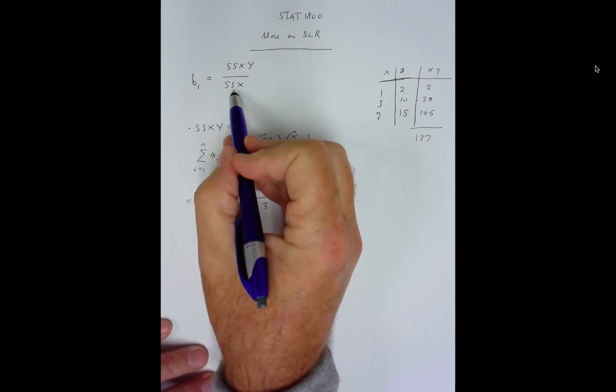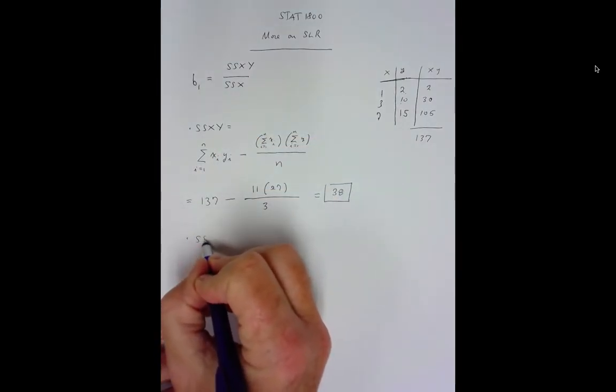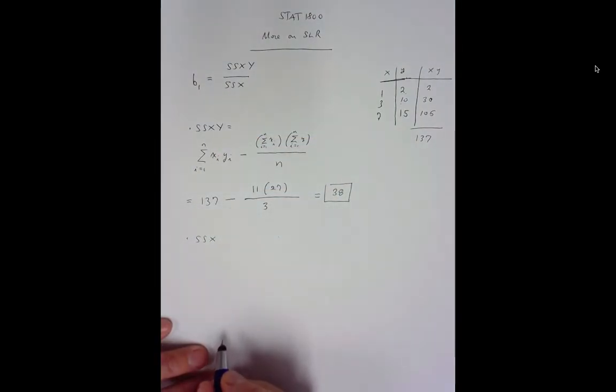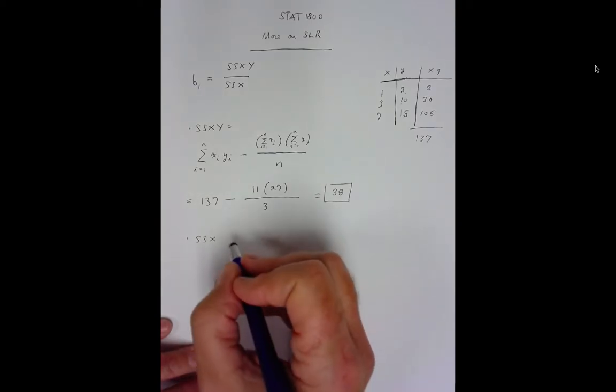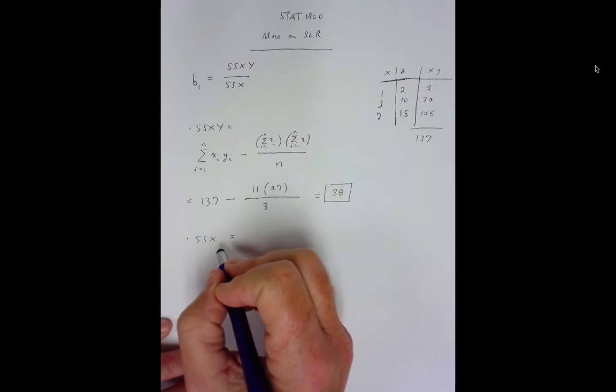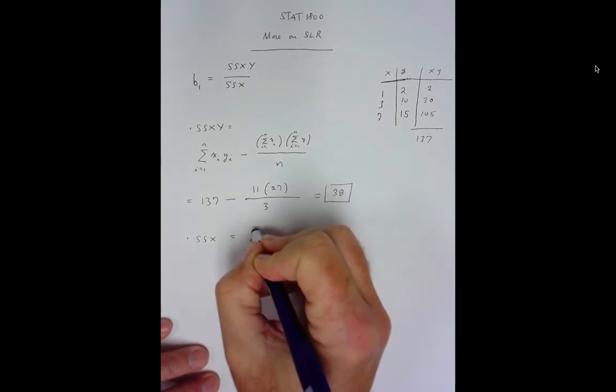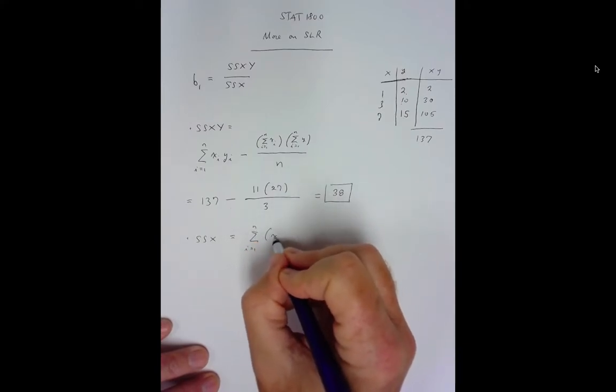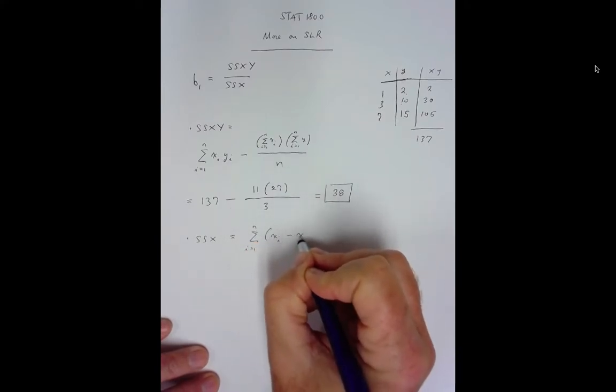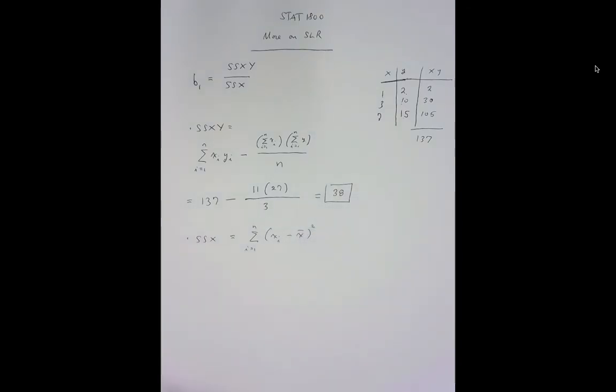Now the next thing we need to do is look at the sum of squares for the x value. And this can be found a couple of different ways. Probably the most straightforward way is, from i equal 1 to n, just take the difference in the x's and their means and square it.